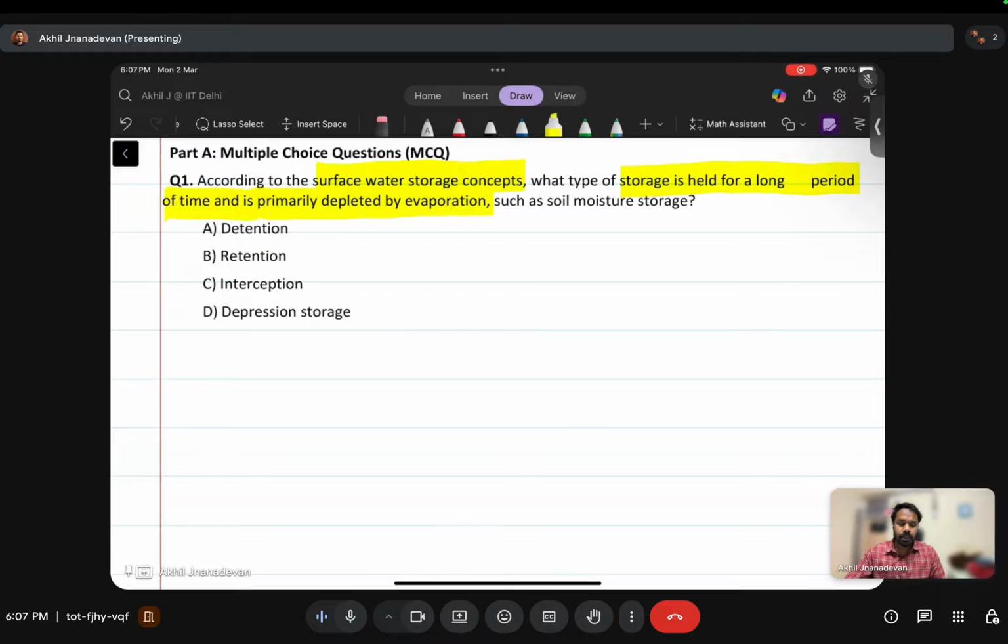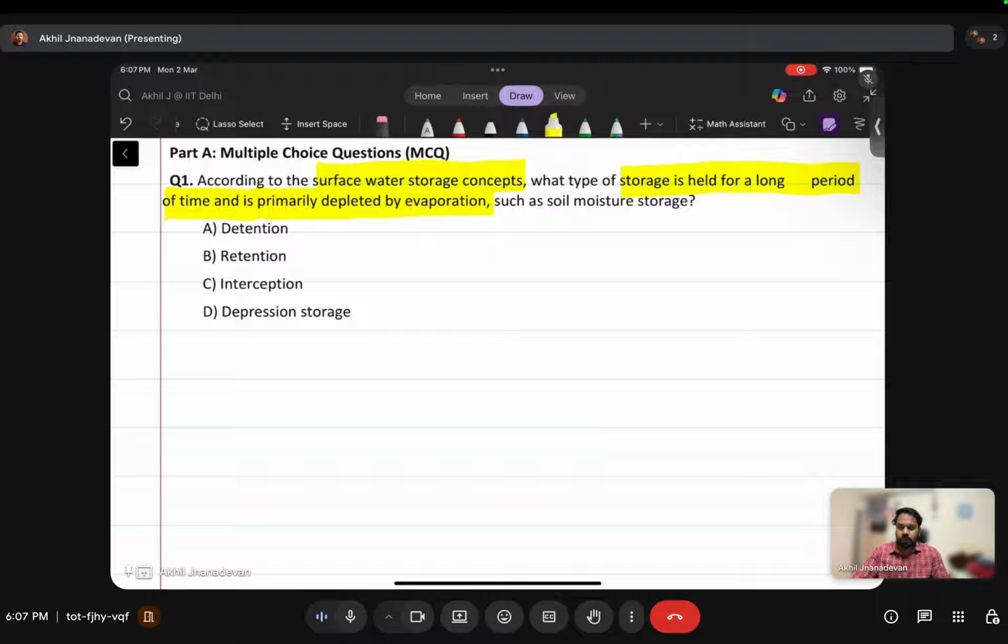So they have also given the example, soil moisture storages, which can be depleted only by processes like evapotranspiration and which can be held for a long period of time. We already saw in the previous lecture what soil moisture is, how the water is getting stored in the unsaturated zone of the subsurface, right?